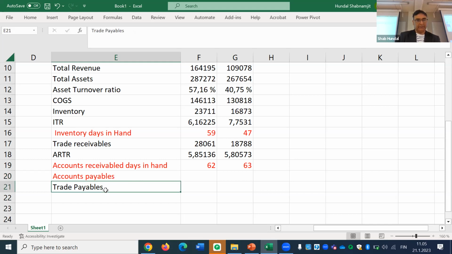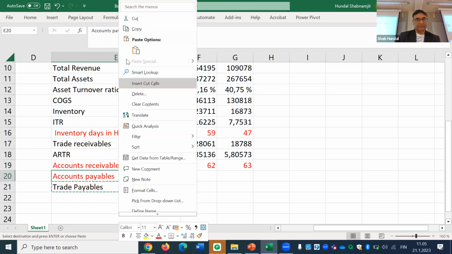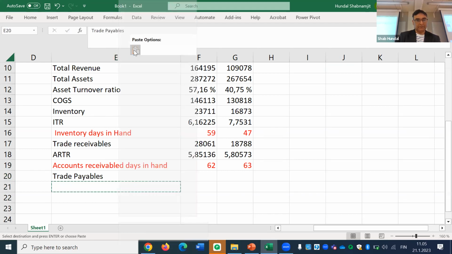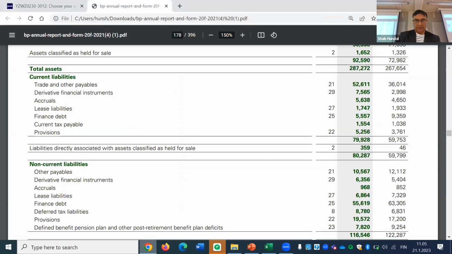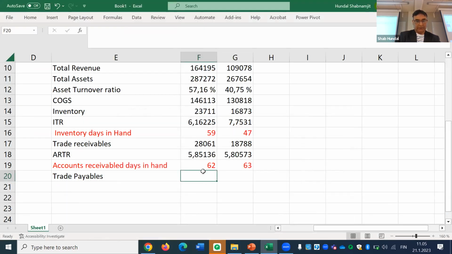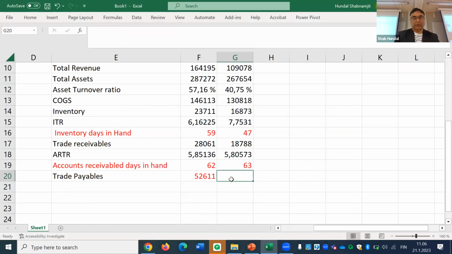Okay, we have 52611, and we have 360143, 6814.